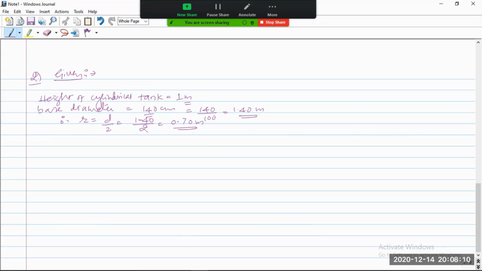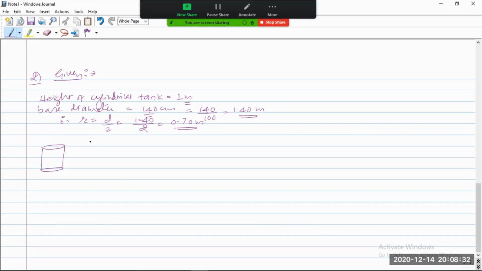Since the tank is closed, we need to find the total surface area of a cylinder. Since it is closed, the top of the cylinder is also required. That metal is required to make the top of the cylinder also.